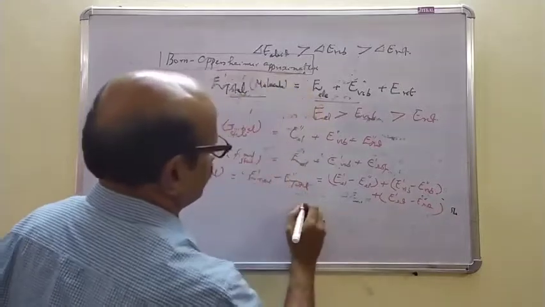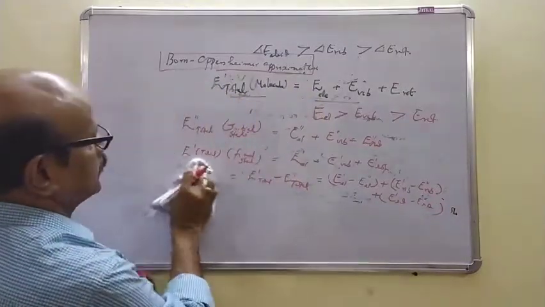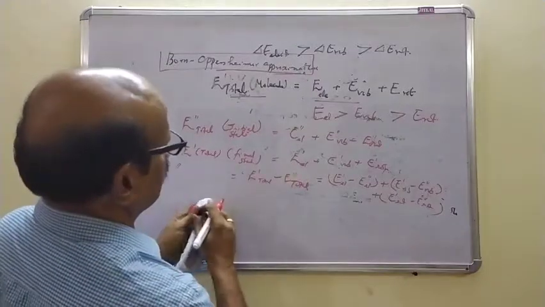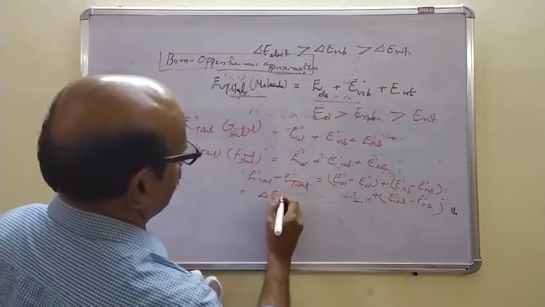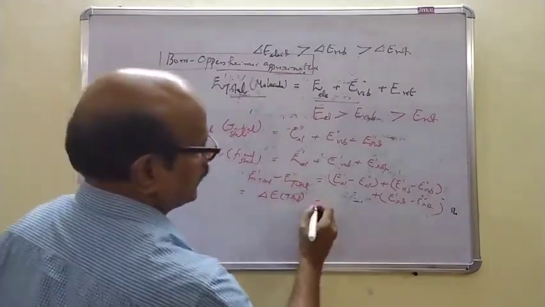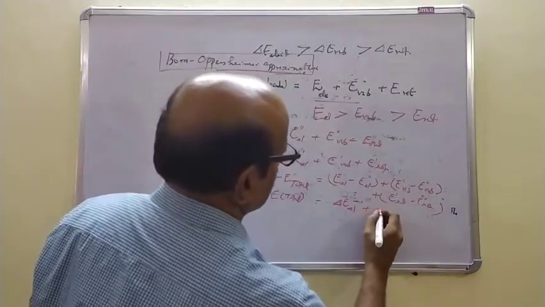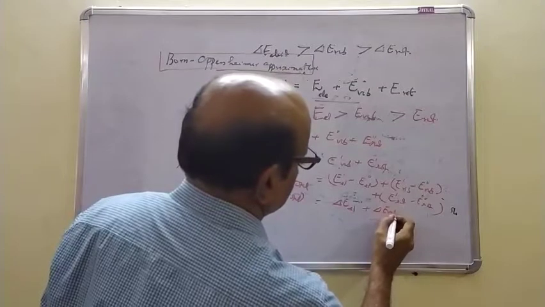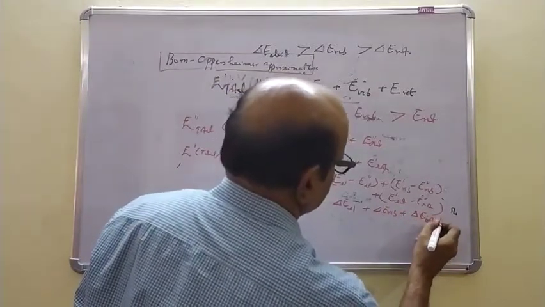So delta E total of the molecular system, the spacing between the two energy levels, is delta E electronic plus delta E vibrational plus delta E rotational.